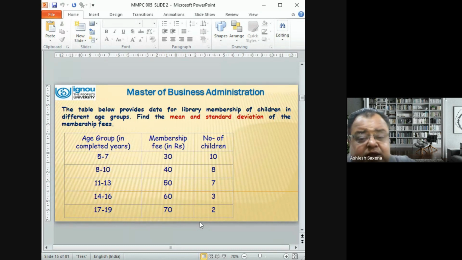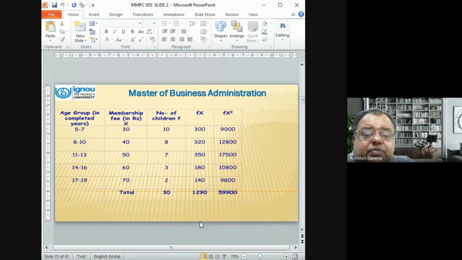First of all, we have to calculate mean and standard deviation. What will we do? These three columns were given to you. Since we have to calculate it with the fee, we will be multiplying this. Effect.